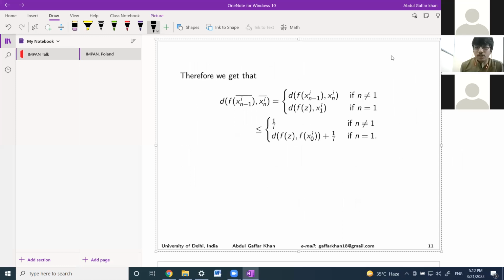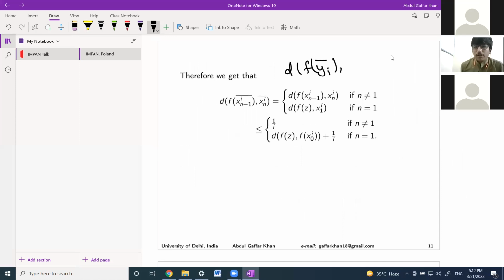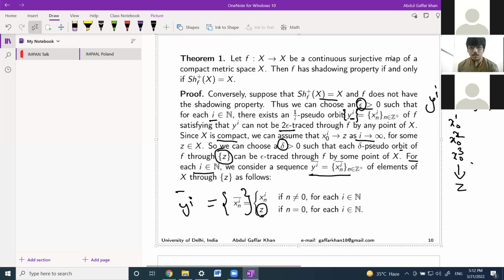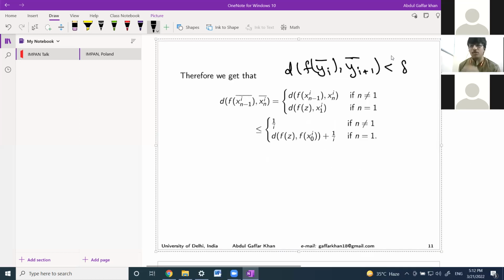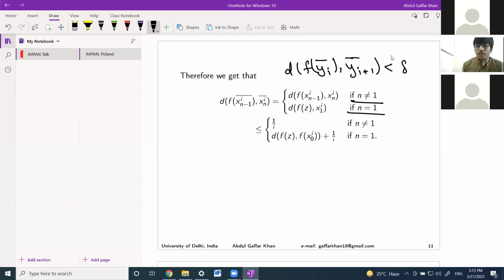If n is not equal to 1, we basically have to show that the distance between f of y_i bar and y_{i+1} bar is less than delta, to show that y_i bar forms a delta pseudo orbit. We reduce this into the following cases: n not equal to 1 and n equal to 1.